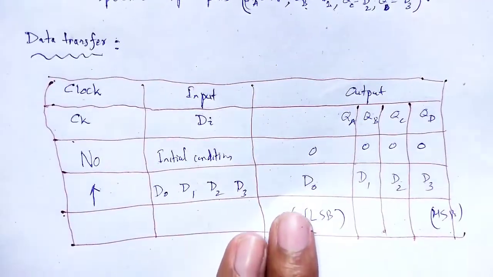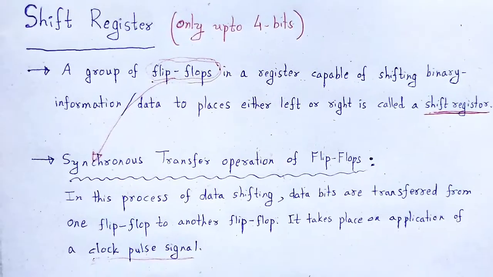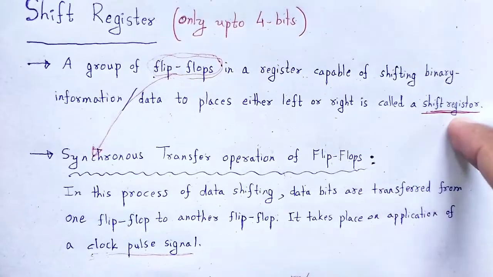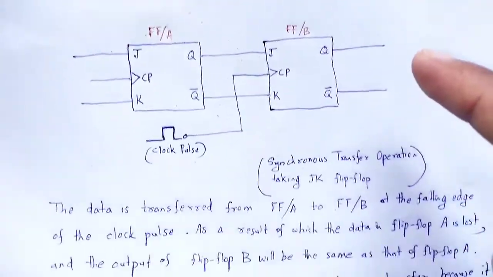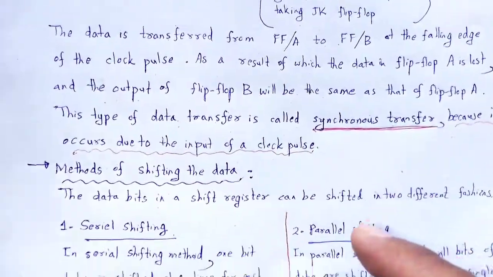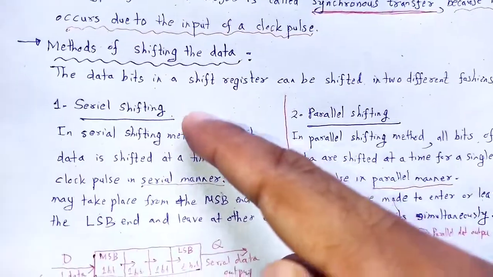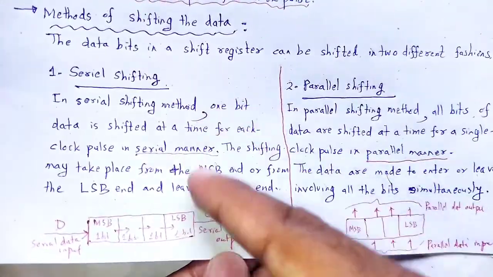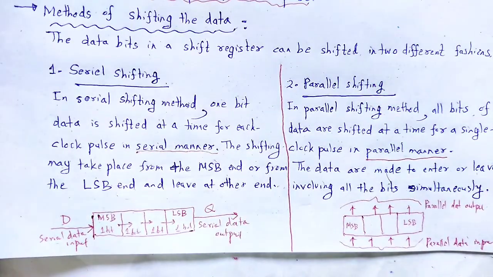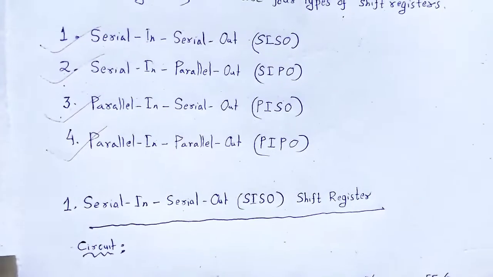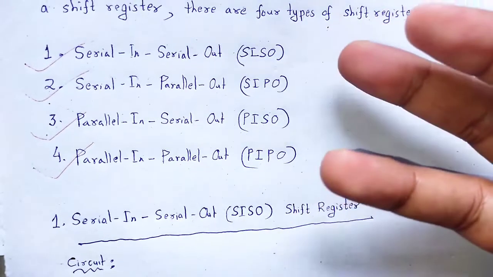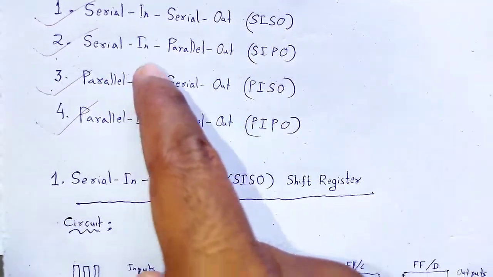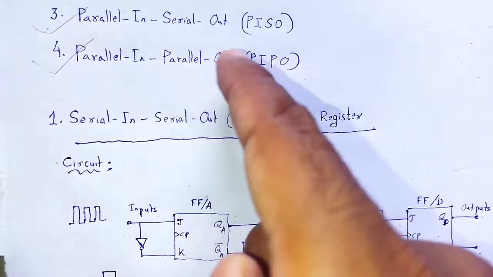In this way, with the help of this video lecture, we understood the concept of shift register up to 4 bits. What is a shift register? Its function is synchronous transfer operation using flip-flops. What is synchronous transfer? The method of shifting is of two kinds: serial shifting and parallel shifting. On the basis of the mode of shifting data into or out of the shift register, we classify it into 4 categories: serial in, serial out; serial in, parallel out; parallel in, serial out; parallel in, parallel out.